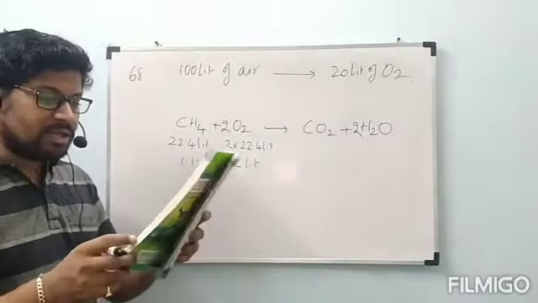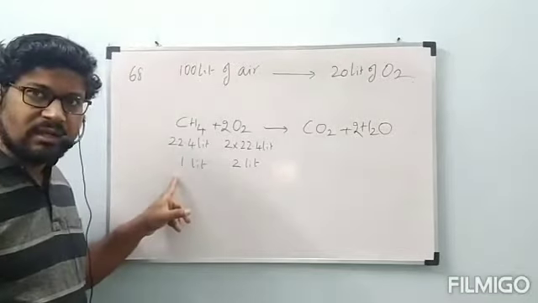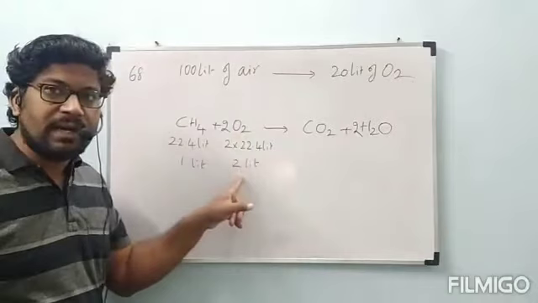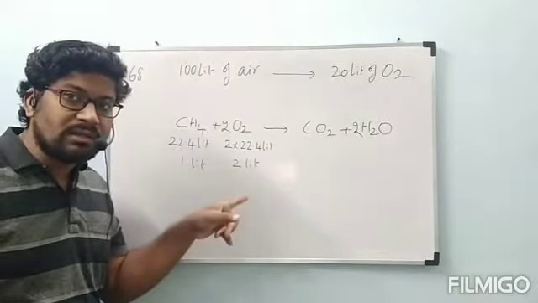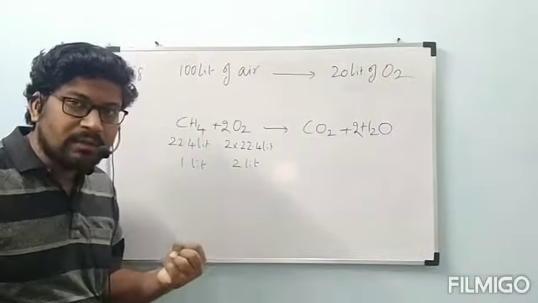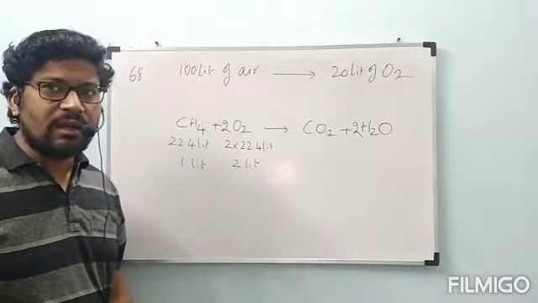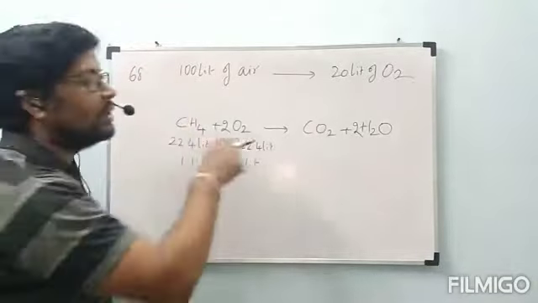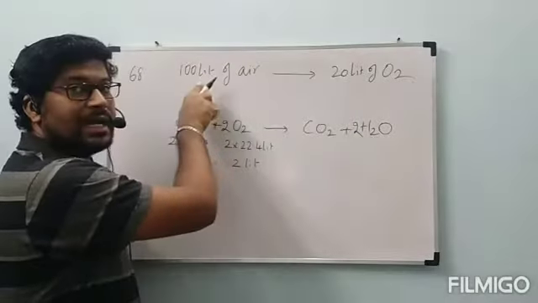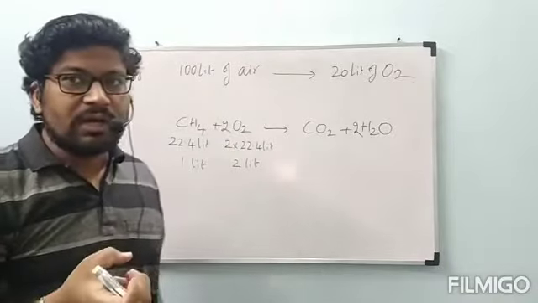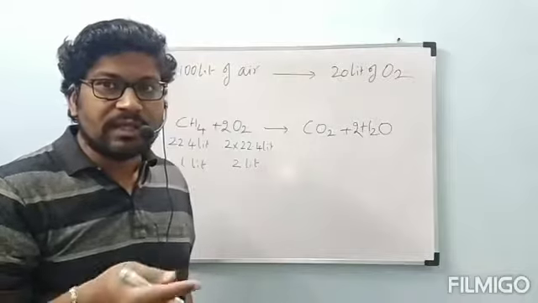So for the combustion of 1 liter of methane, how much oxygen will be required? That is 2 liters. If you want to obtain this much oxygen, how much air do we have to take? They gave the composition: 20 liters of oxygen is present in 100 liters of air. So for 20 liters of oxygen we take 100 liters of air.